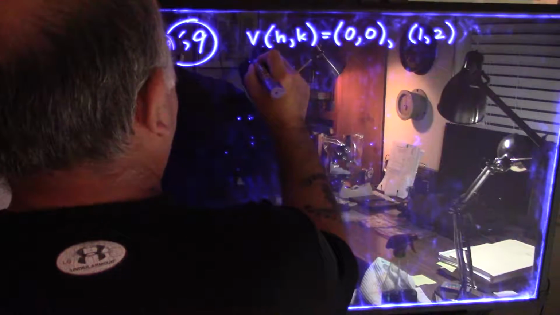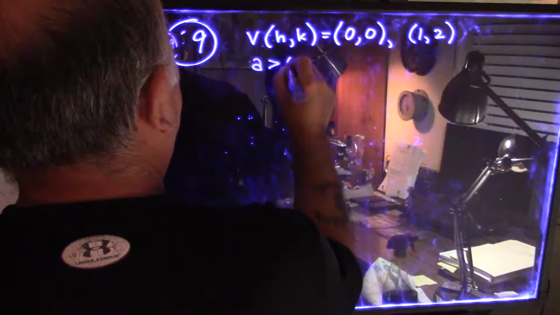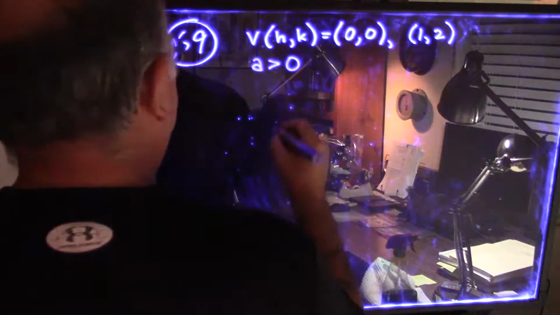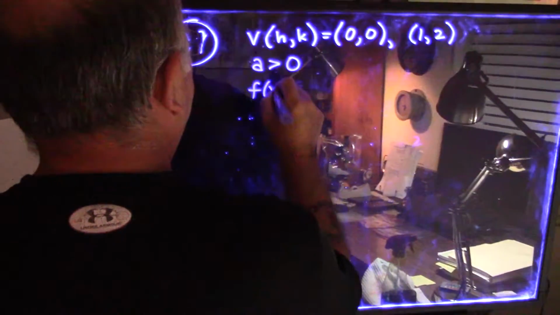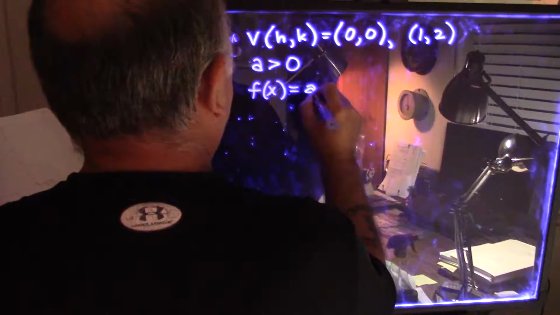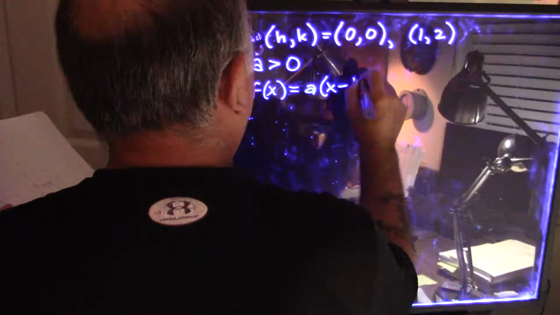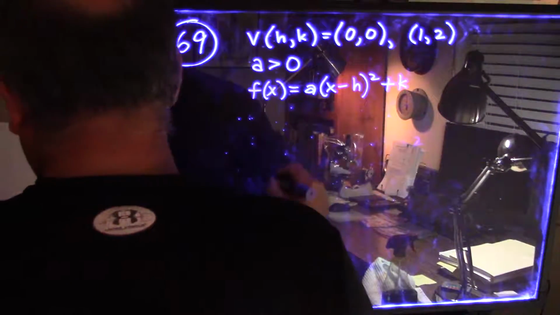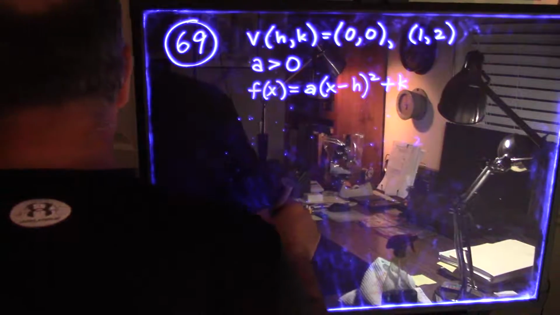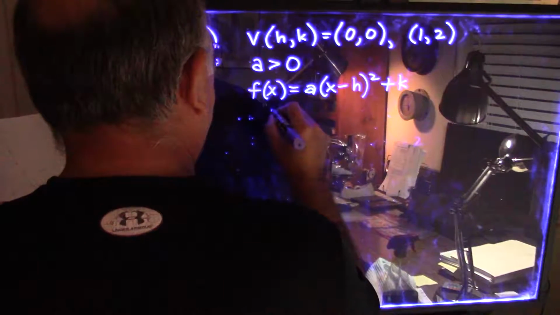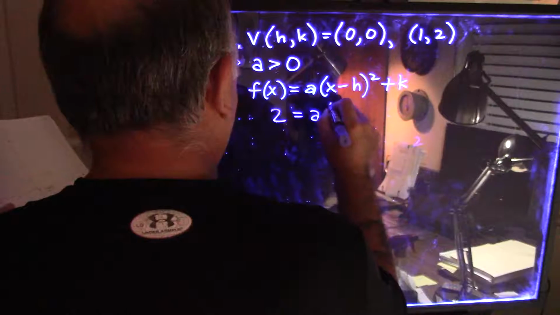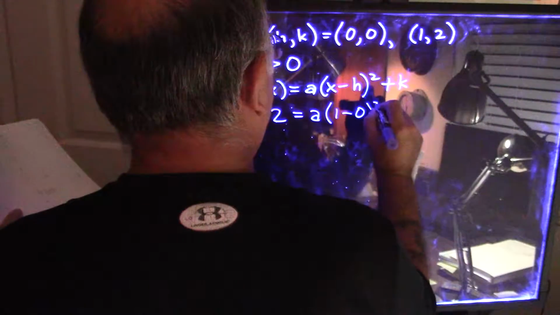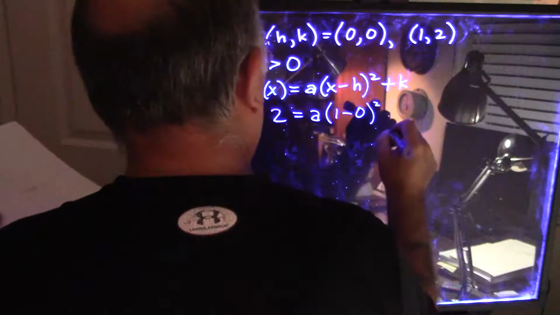And the graph opens upwards, so we know that the leading coefficient a must be positive or greater than 0. So standard form f of x equals a times the quantity x minus h squared plus k. So we've got let y equal f of x, and then plug in our values. We've got 2 equals a times the quantity 1 minus 0 squared plus 0.